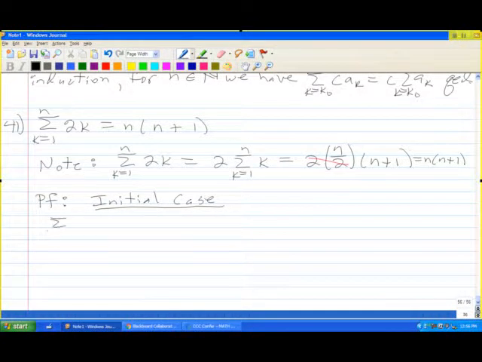So I have the sum k equaling 1 to 1 of 2k. So that's equal to 2 times 1, which is 2. And now let's look at the case when we replace n here by 1. So 1 times 1 plus 1 is 1 times 2, which again is 2. So these are both equal.